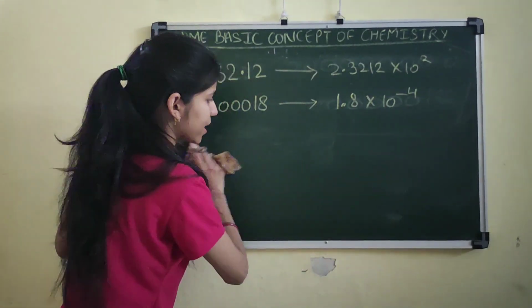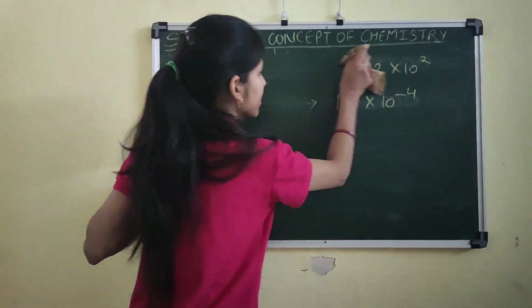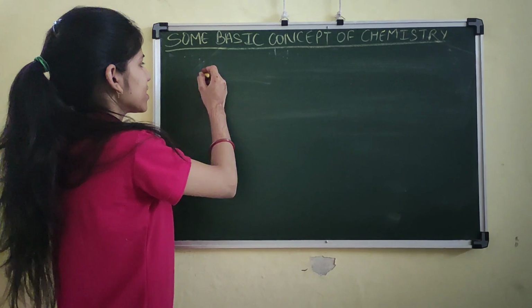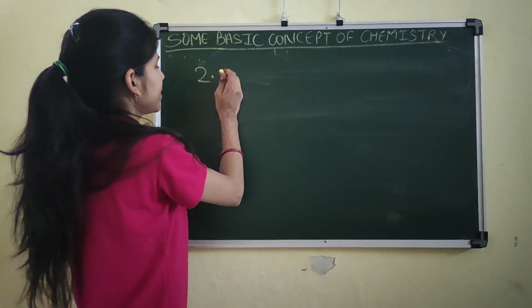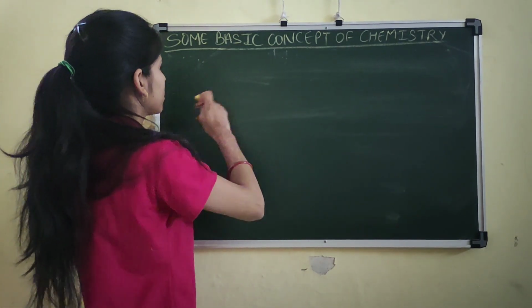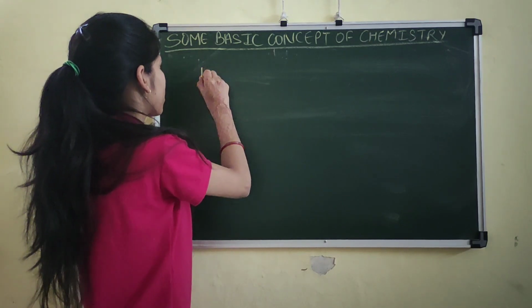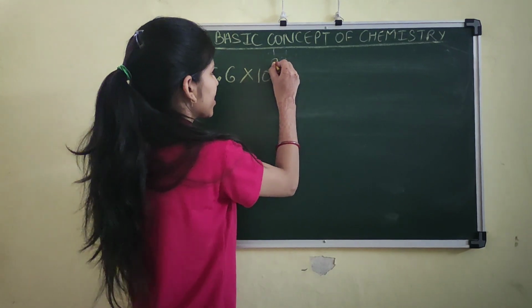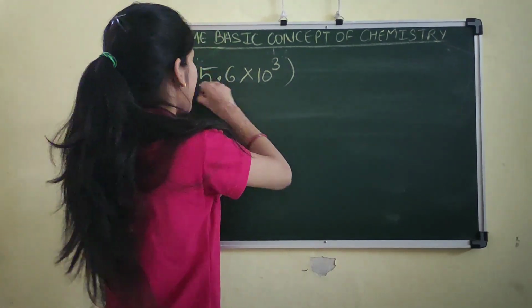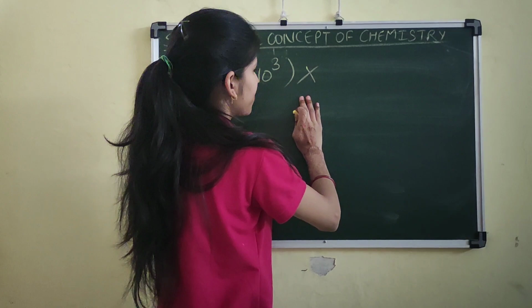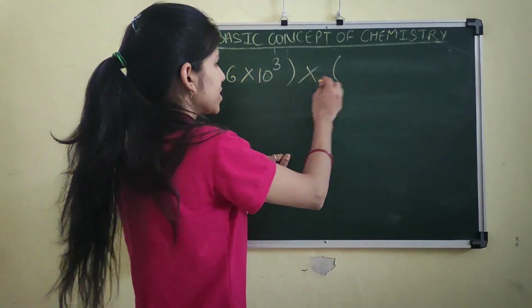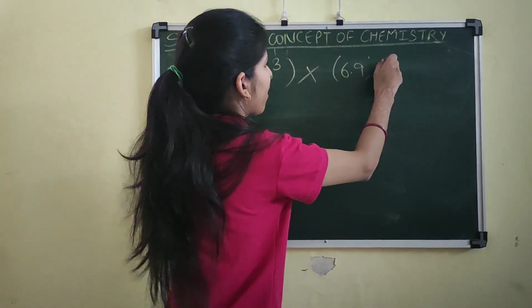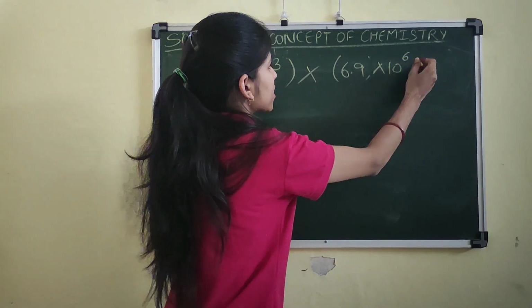Now the multiplication method. Suppose we have 5.6 into 10 to the power 3 multiplied by 6.9 into 10 to the power 6.